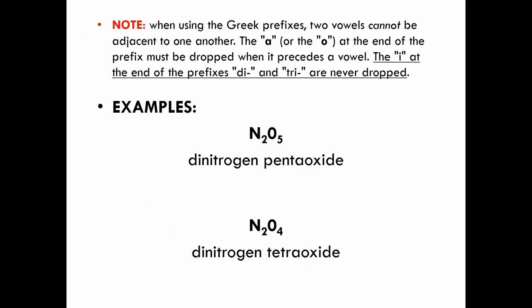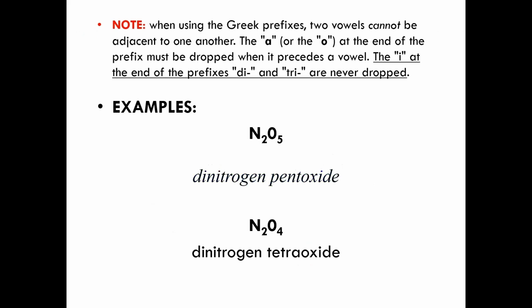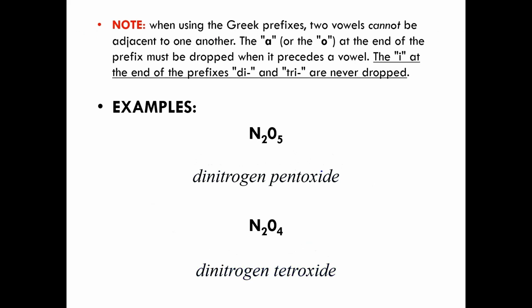And so for the first example, if I drop the A at the end of penta, I now call the compound dinitrogen pentoxide. Now pentoxide relative to pentaoxide, right? And for the second example, if I remove the A at the end of tetra, I now have dinitrogen tetroxide rather than tetraoxide.